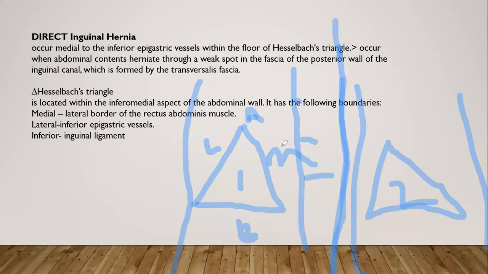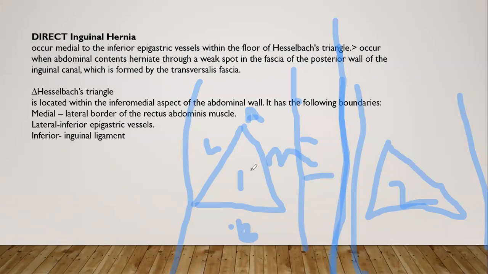So now I'm saying that the medial aspect of this triangle is formed by the lateral border of the rectus abdominis muscle. Simple. The lateral border of this triangle is formed by the inferior epigastric vessels, while the base is formed by the inguinal ligament. So this triangle is known as Hesselbach's triangle or the inguinal triangle.